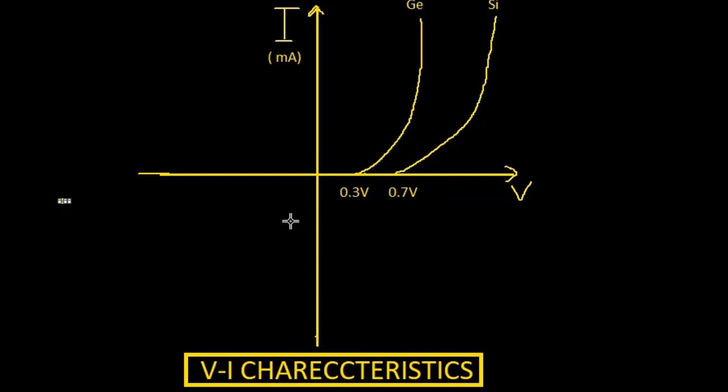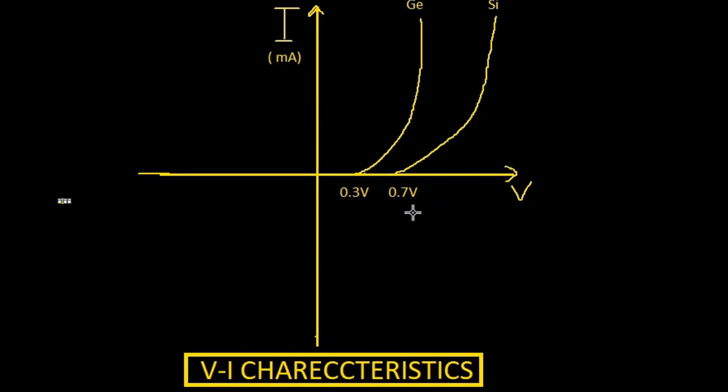This explains the VI characteristics for forward bias, and as we can see here, on the x-axis we have plotted voltage and on the y-axis we have plotted current, and we can see the current increases exponentially with the increase of voltage. So let us understand what is 0.3 and what is 0.7 volt over here.